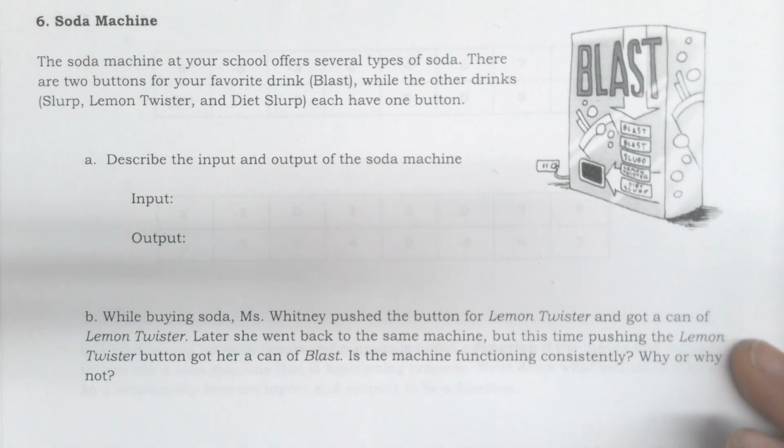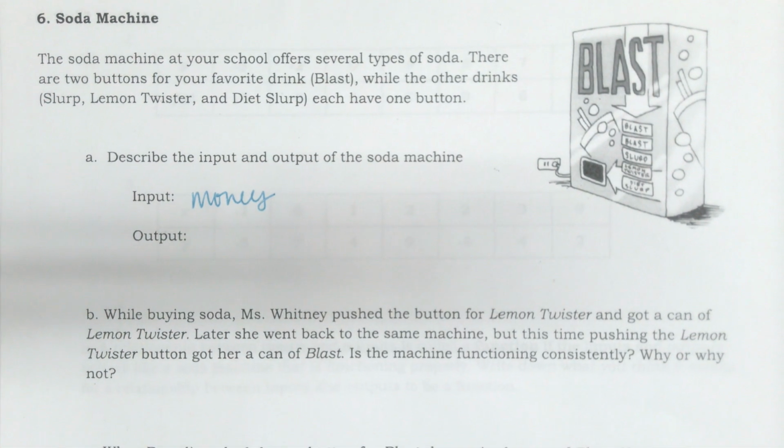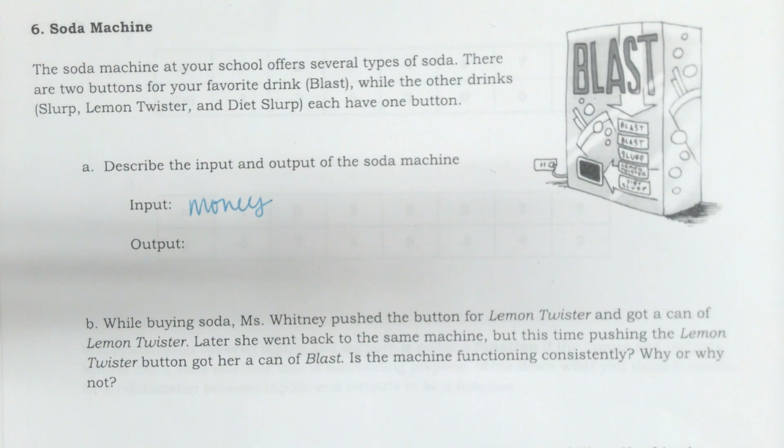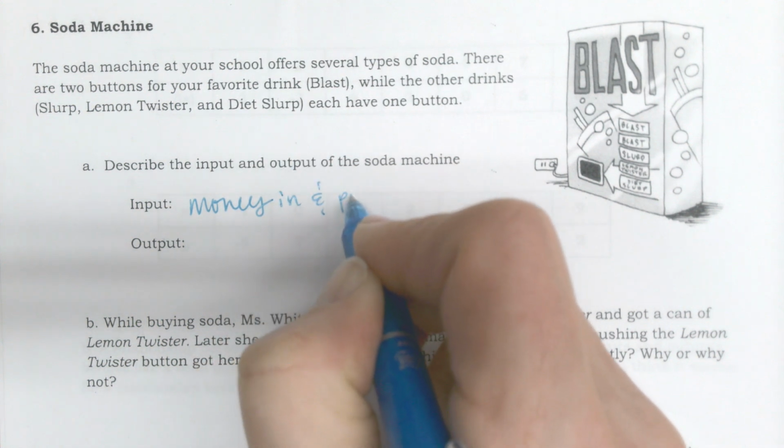What is my input when I think about a soda machine? Anybody? What do I have to do before I can get a soda? Put that money in. I've got to put some money in. What else? I can't just put money in and then just stand there. Nothing's going to happen, right? I've got to press the button. Money in and press the button.